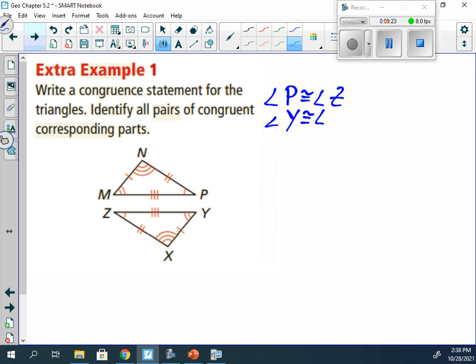So Y has, yep, M. And then X is congruent to N. Because again, we're matching up the marks inside the angles. Okay. We good with the angles?